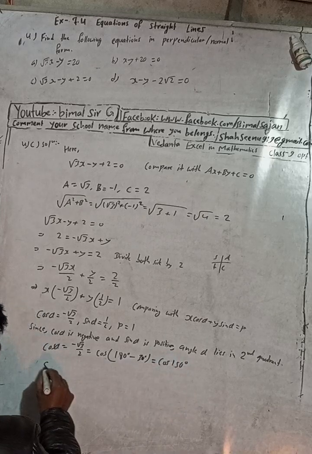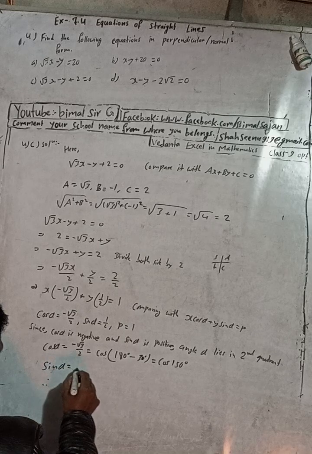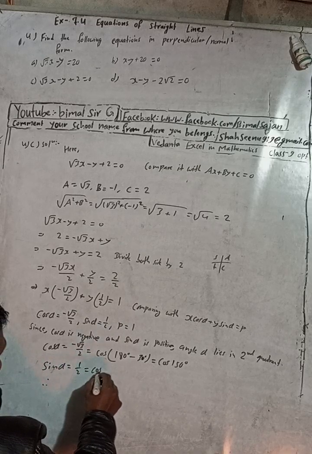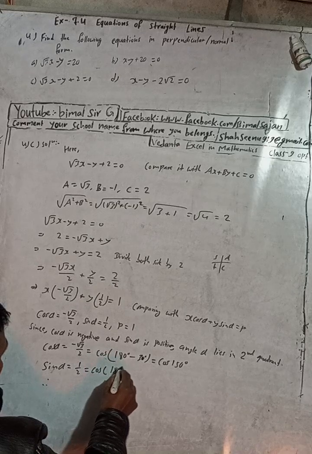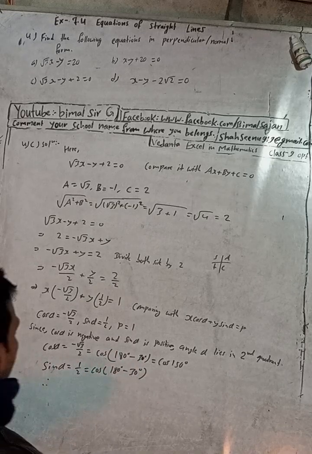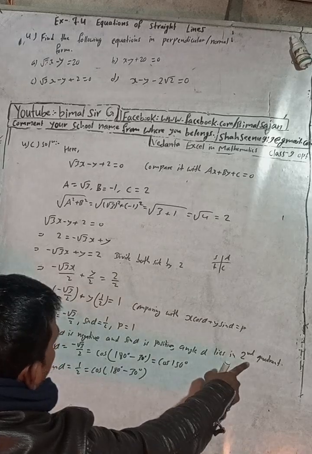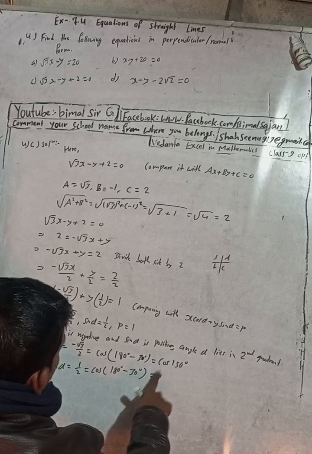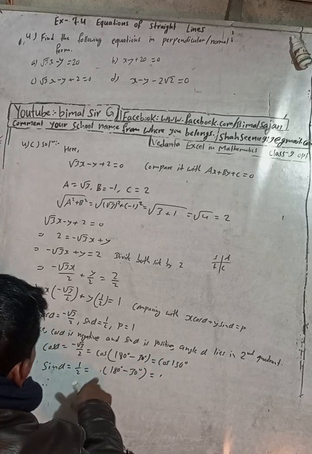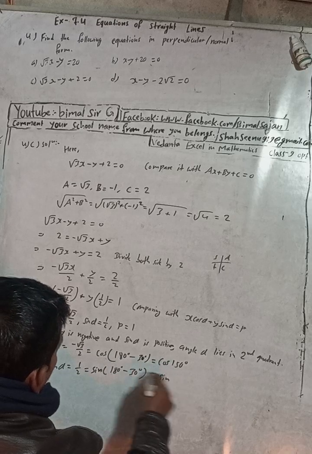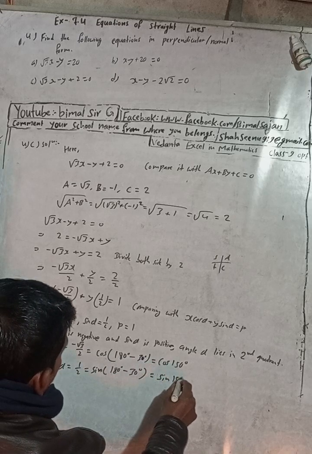And again sin alpha is equal to 1 by 2, so sin 180 degrees minus 30 degrees, because sin 30 is equal to 1 by 2 and we are taking the second quadrant. This is sin, not cos. Sin 180 minus 30 means 150 degrees.